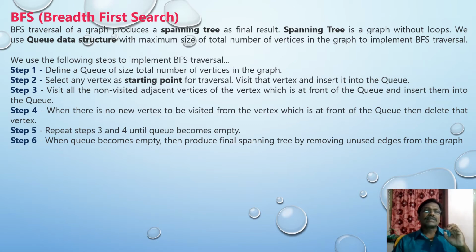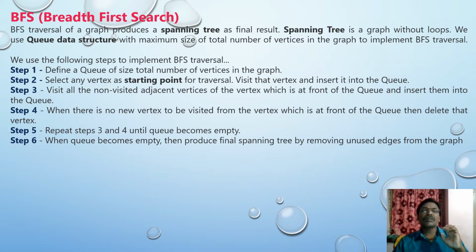Step 2: select any vertex as the starting point for traversal. Visit that vertex and insert it into the queue. It means you can choose any vertex from the existing graph, and that vertex is inserted into the queue.